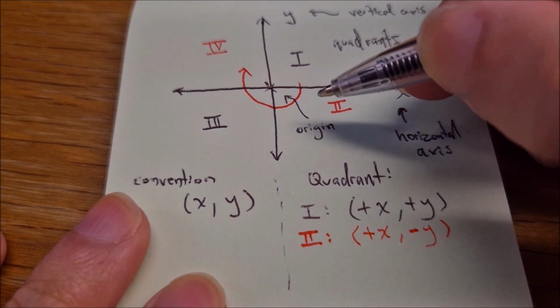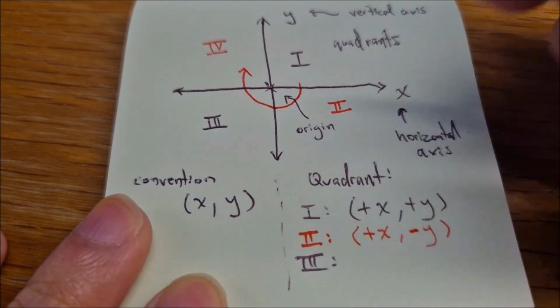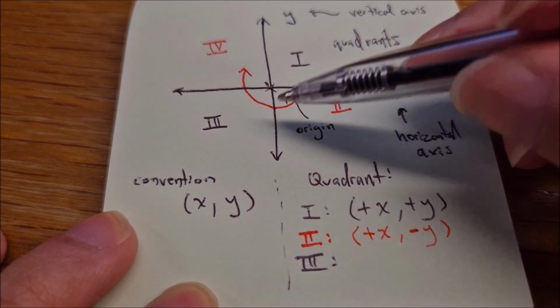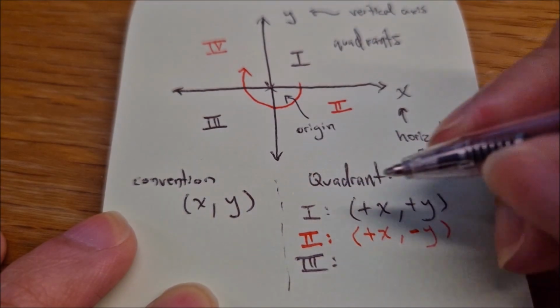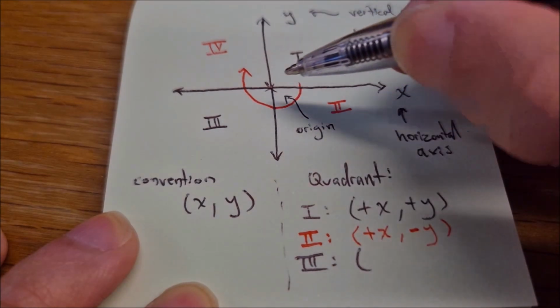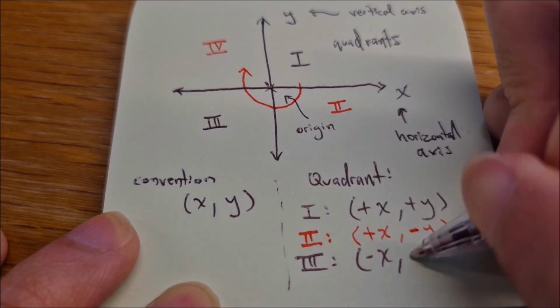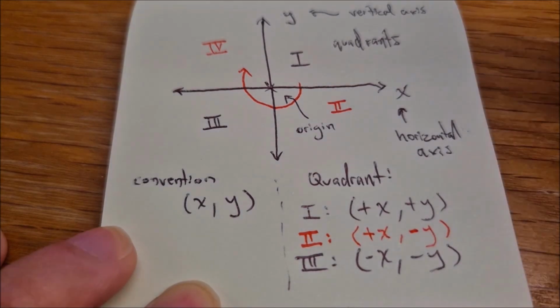And if we're in quadrant 3, both the x and the y values will be negative, as both are below the 0 or origin. So negative x, negative y.